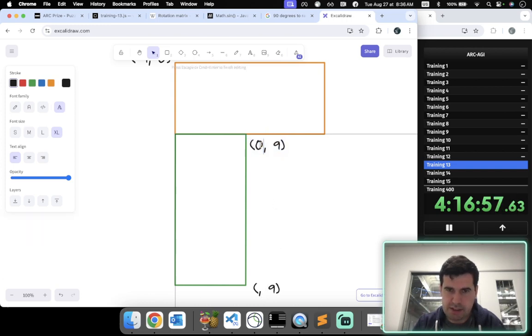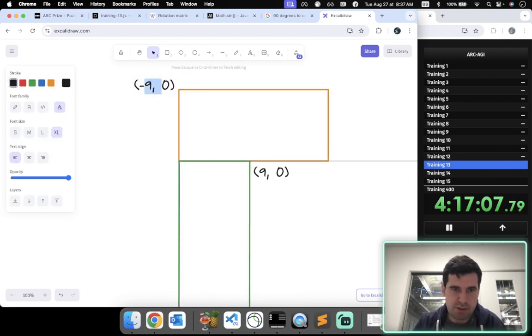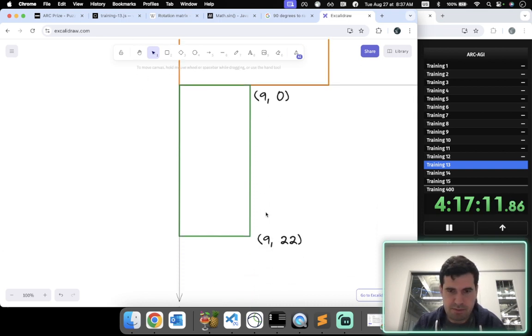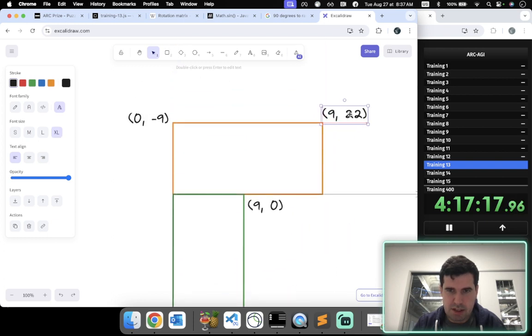Right, x equals 9, 0, and this is 9, 22, and so this is actually 0, minus 9. And this one goes there, so it's 22 minus 9.